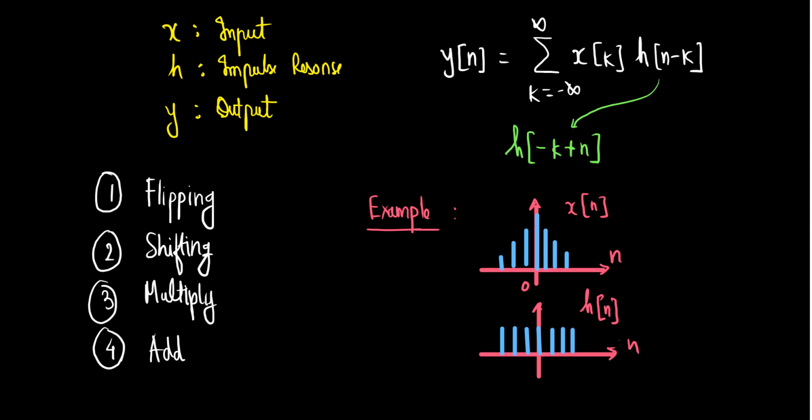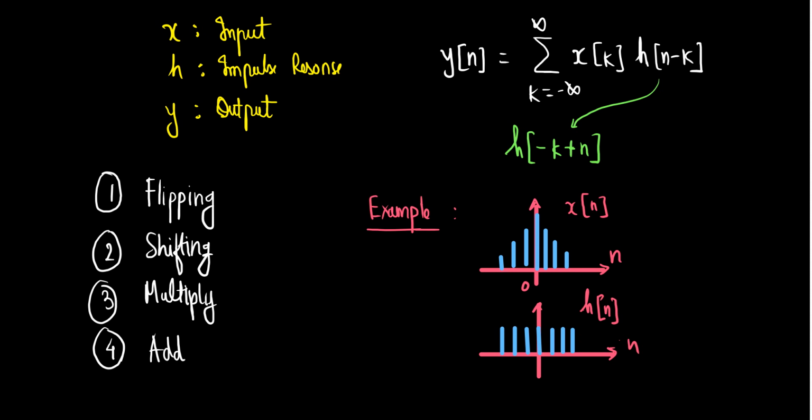Here we are simply trying to flip the second one, h. If you flip this signal, it is going to give you the same signal. The flipping here doesn't matter. Well, that won't be the case for every other h signal. The h can be different, but in this case, after flipping h, it will remain the same.